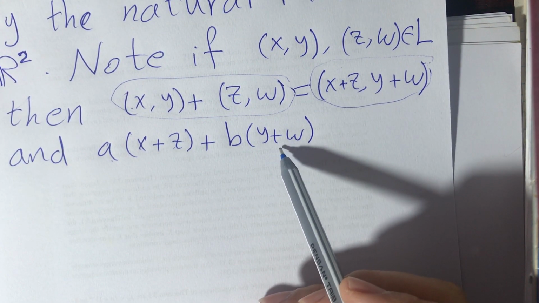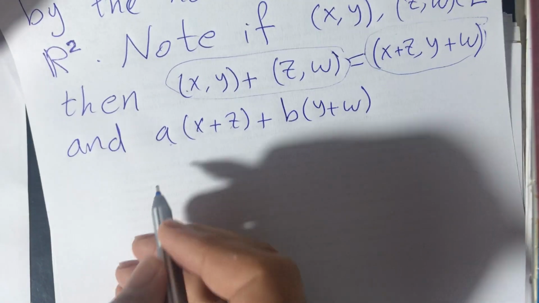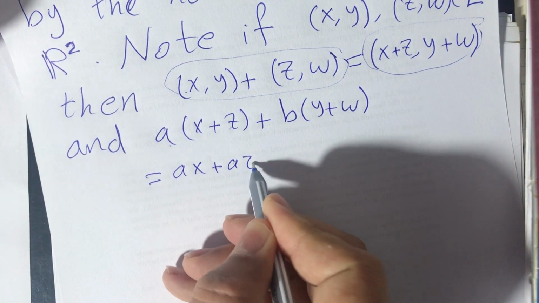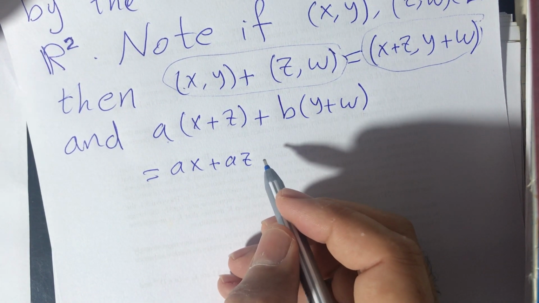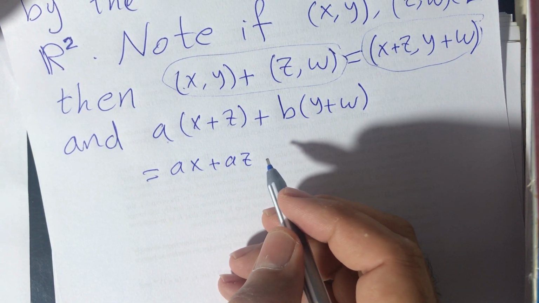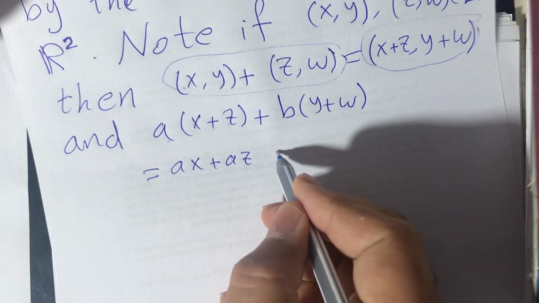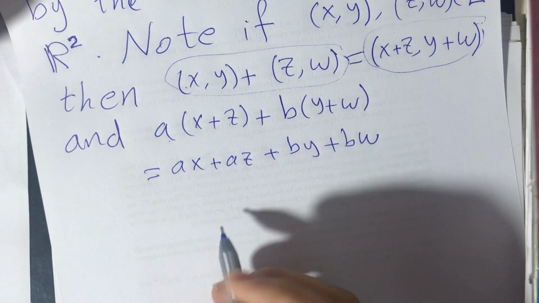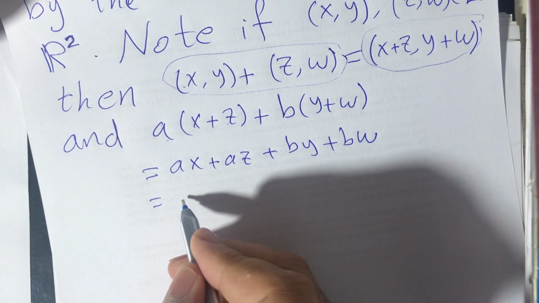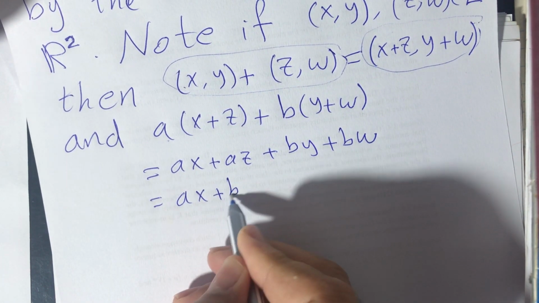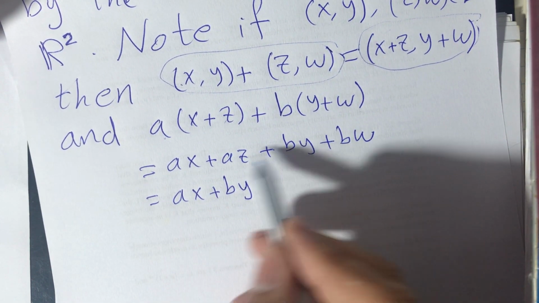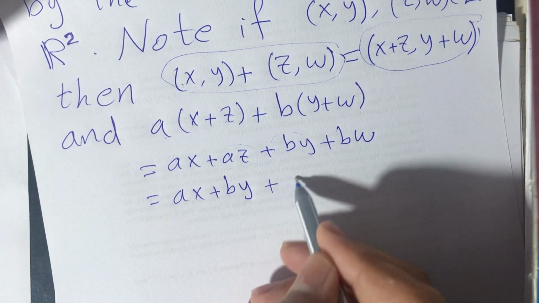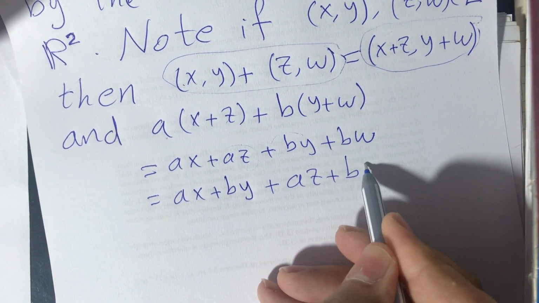Now I can distribute A here, AX plus AZ, and also BY plus BW, and this will be AX plus BY, move this here, and this here, plus AZ plus BW.